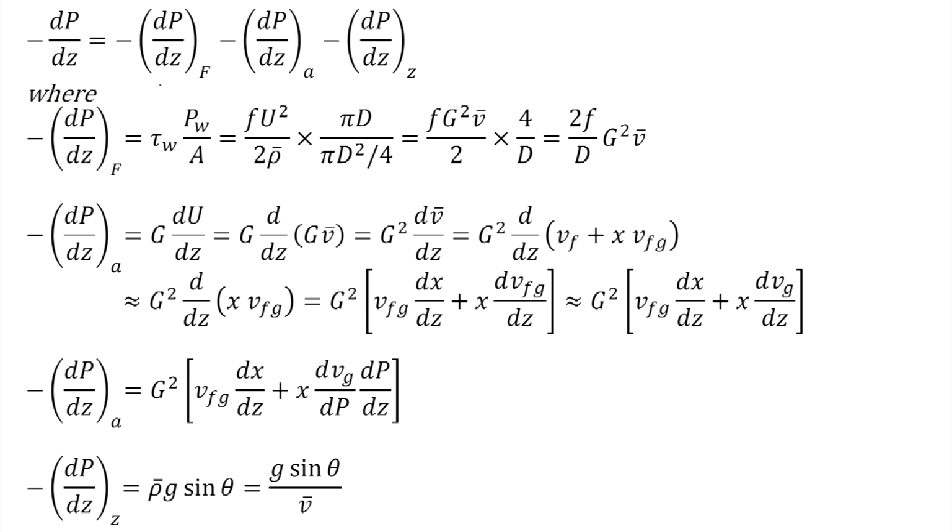The first term is the pressure gradient due to friction, and it is equal to tau w P w upon A. Tau w is equal to f u square upon 2 rho bar, and if we consider a circular channel, then the perimeter is pi d and the area is pi d square upon 4, and then we simplify, and finally, we get 2 f by d into G square V bar.